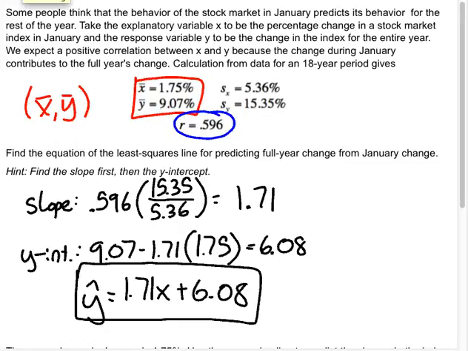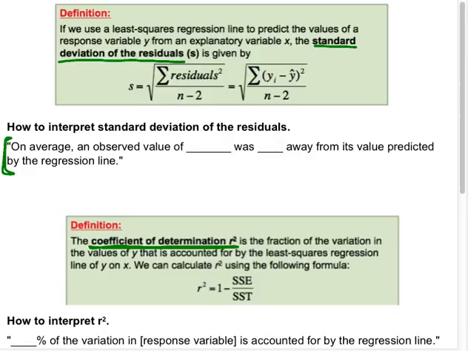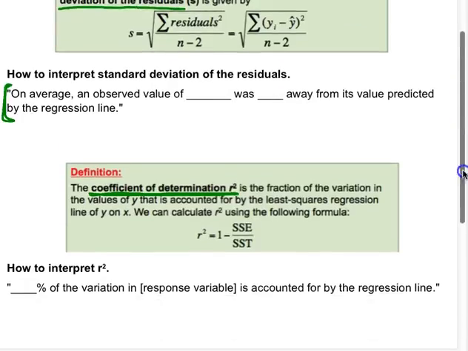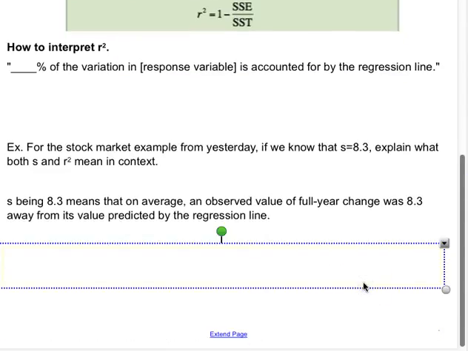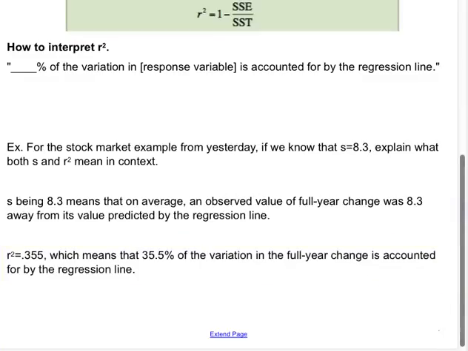So again, quite literally, all we have to do is square R. And when we square R, we get 0.355 approximately. So if we follow this format, about 35.5% of the variation in that full year change is accounted for by the regression line.